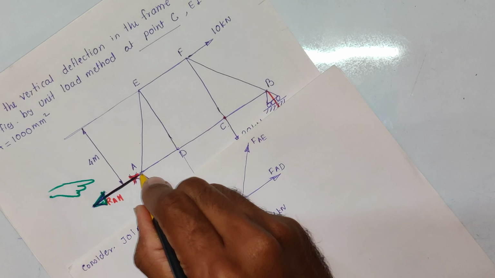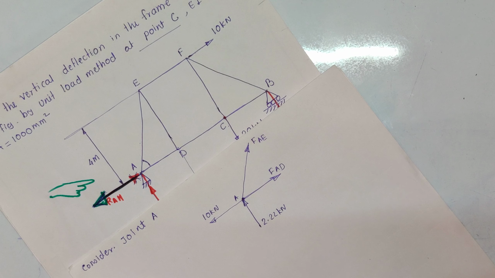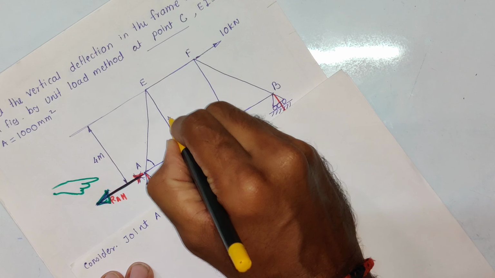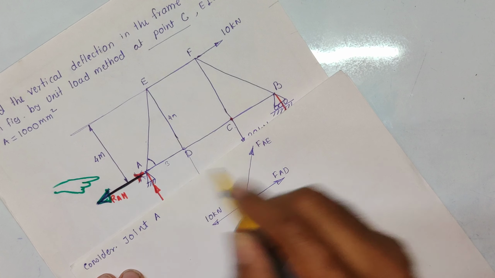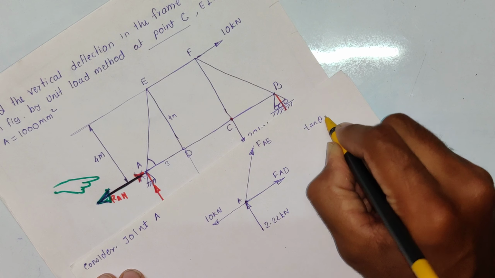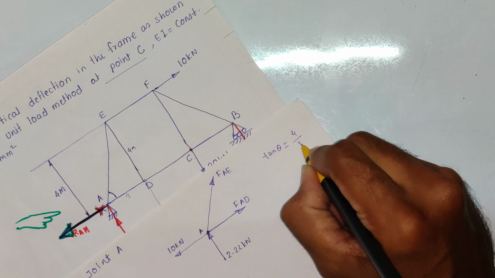FAE and FAD and FAE. This angle we will calculate. This side is 4 meter, as you can see, and this adjacent side is 3. So tan theta is equal to opposite side upon adjacent side.